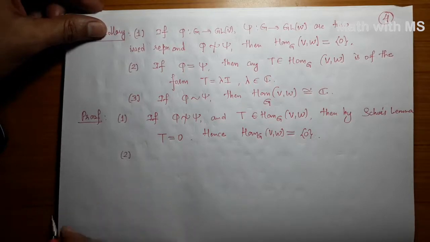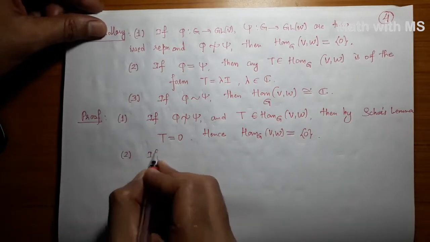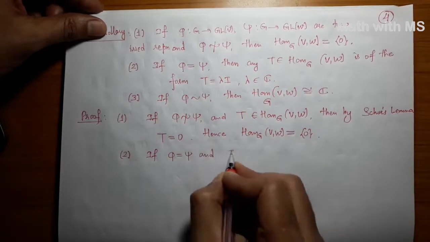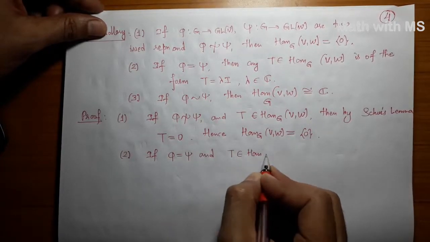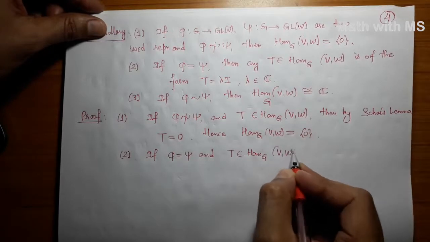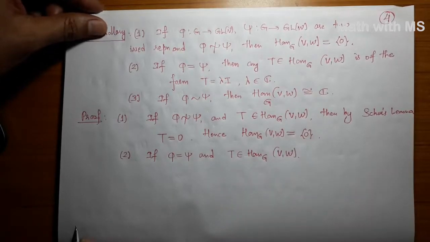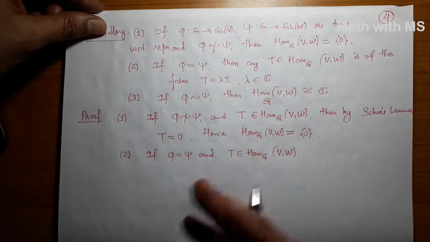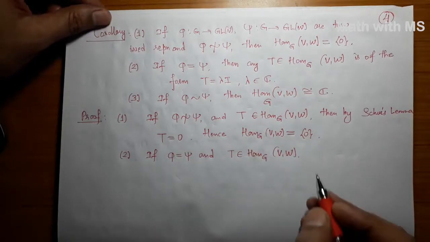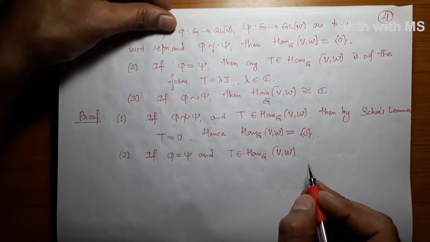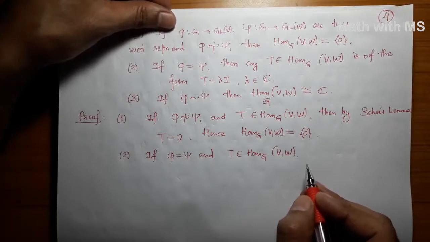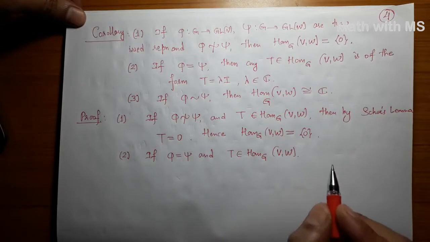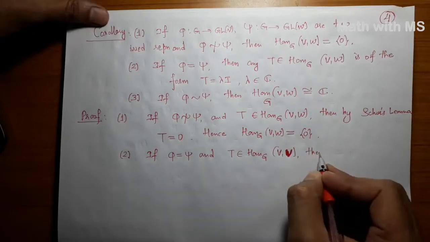Secondly, if phi is psi and say T belongs to Hom_G(V, W), then what can you say about this T? Okay, so here is the first instance where we are going to use the fact that we are working over the field of complex numbers. So please pay attention.